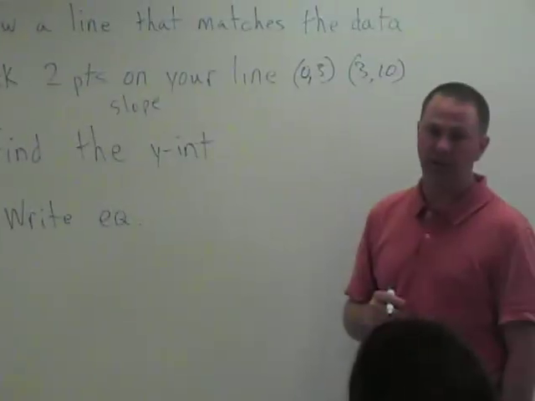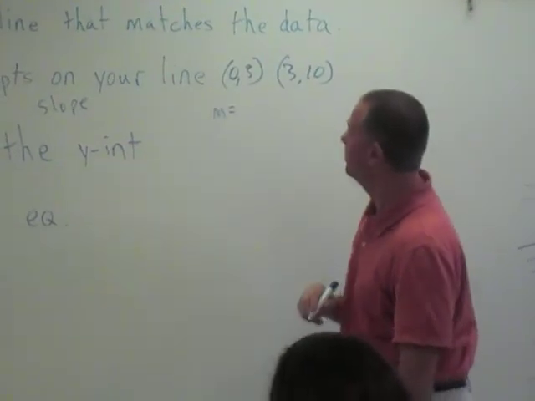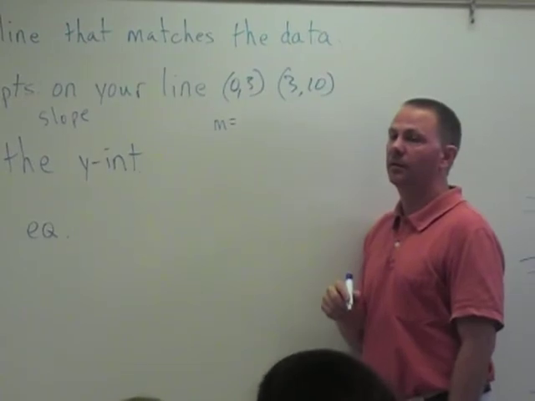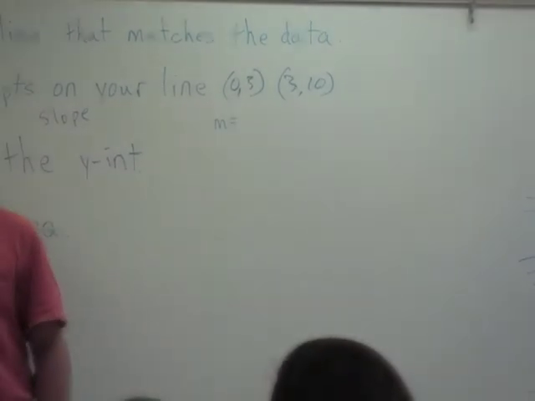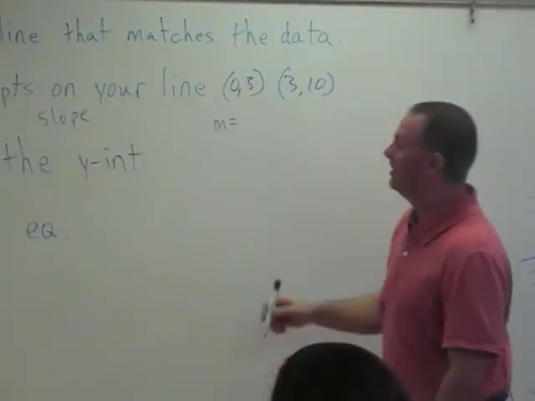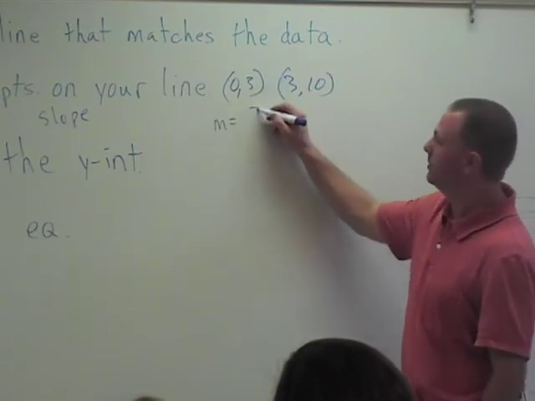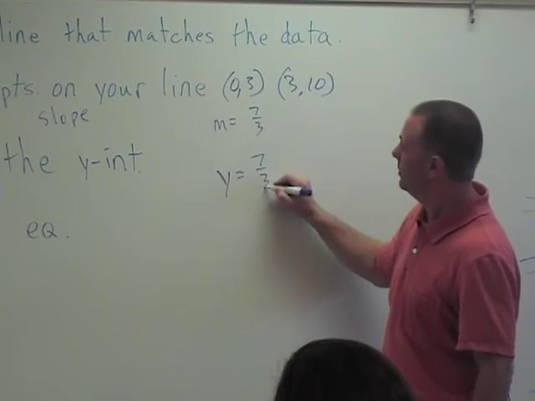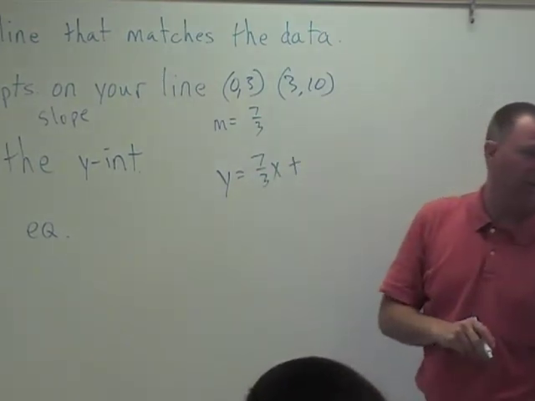It makes step 3 pretty easy if you have the intercept already. What's the slope though? I thought you said the slope was positive. If you went this way, that's -7 over -3, which is positive 7/3. So then your equation is y equals 7/3 x plus 3.